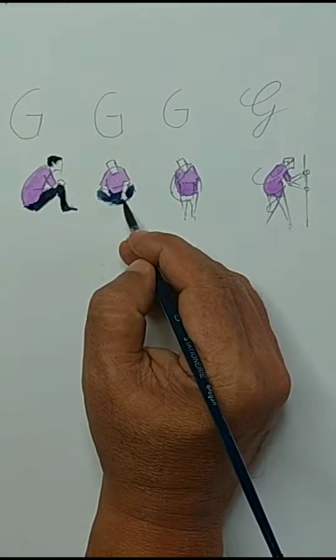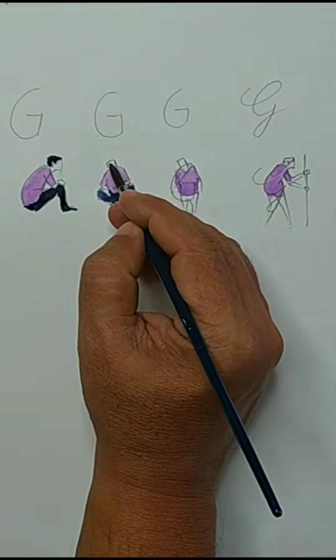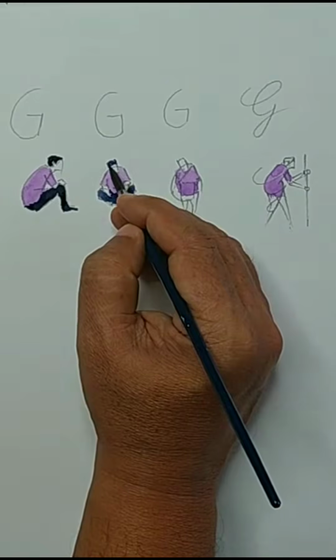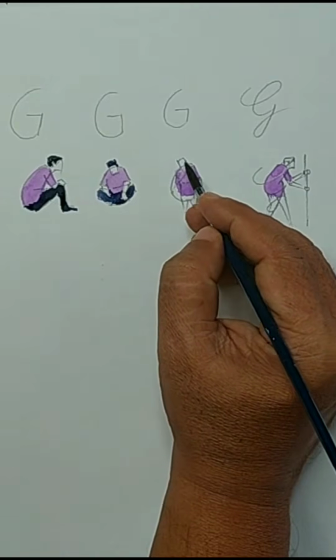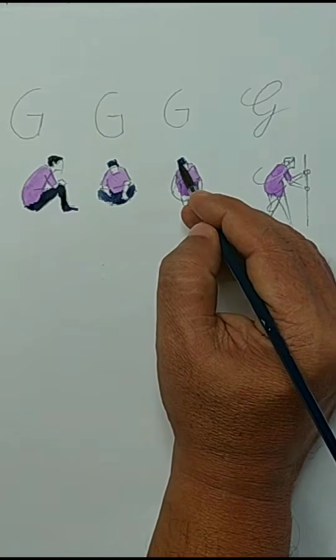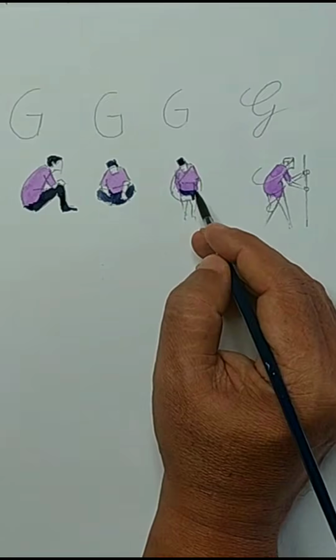I think the sitting position here looks good to me. I'm pretty happy with how this particular pose came out. There is a little bit of leaning, and there is an overall sense of the pose there. And this one, I don't know.